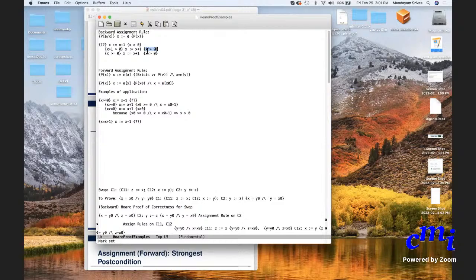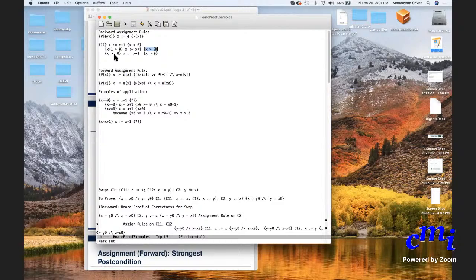The value of X in the post state is whatever X plus 1 evaluates to in my pre-state, therefore X plus 1 better be greater than 0, which is the expression that is assigned. So I'm substituting every instance of the variable X in the formula that denotes P with X plus 1 greater than 0.